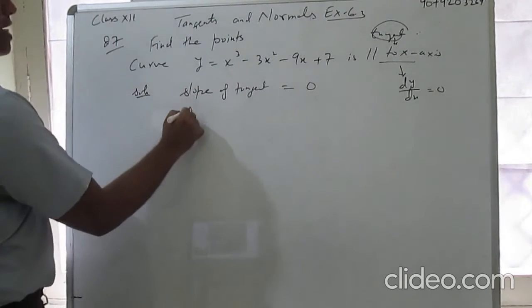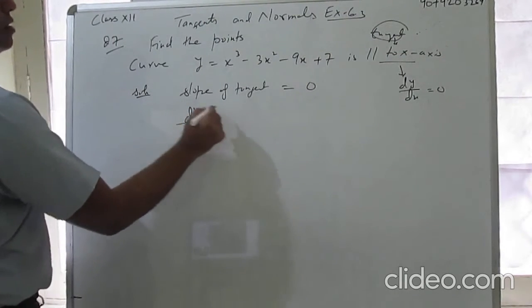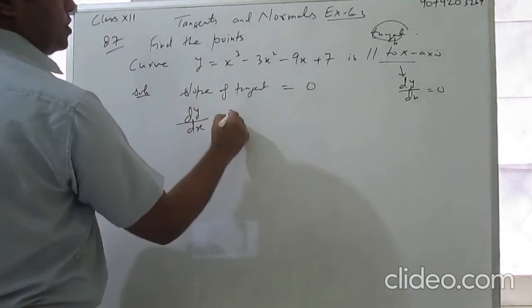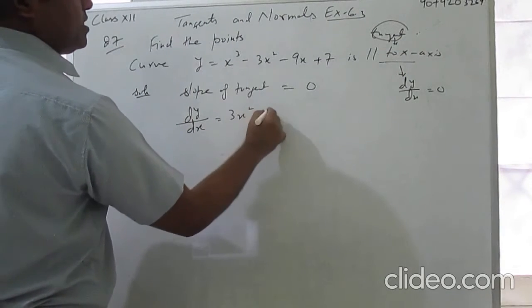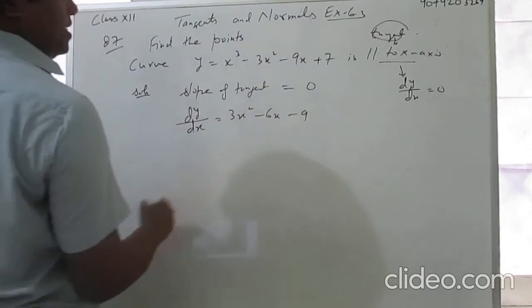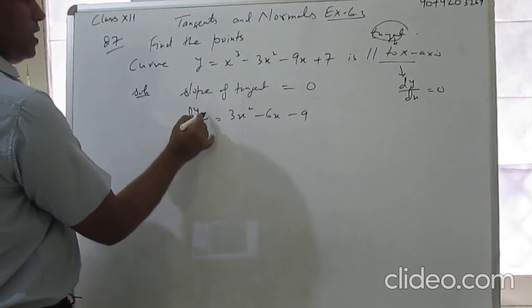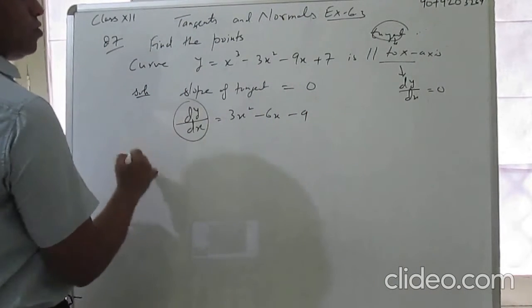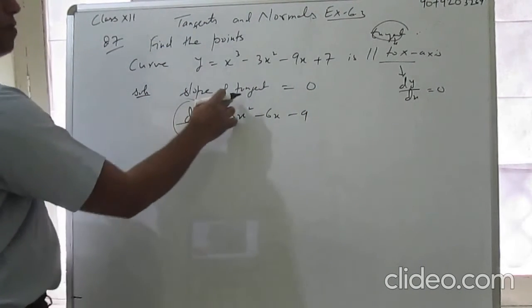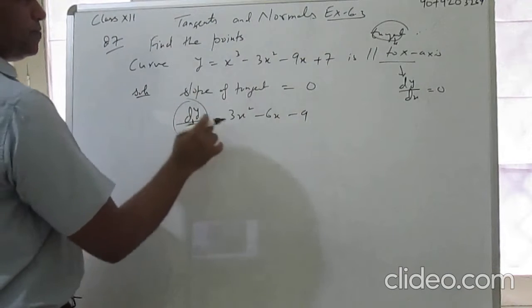Now find dy by dx: 3x square minus 6x minus 9. Now dy by dx is 0, so slope of tangent is equal to 0.